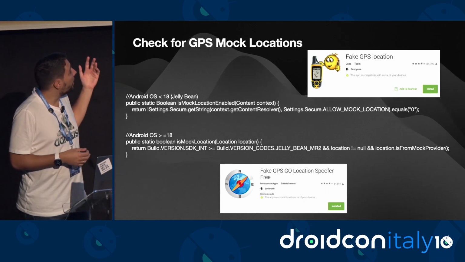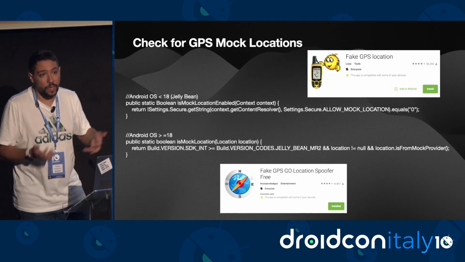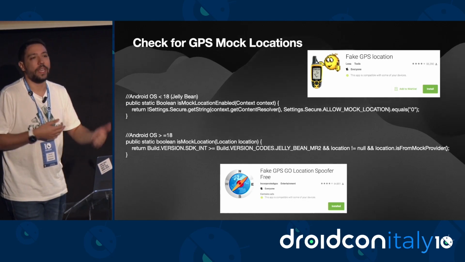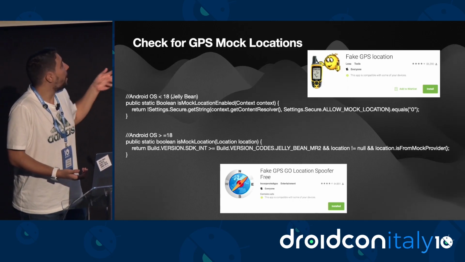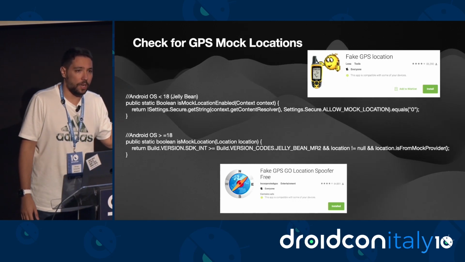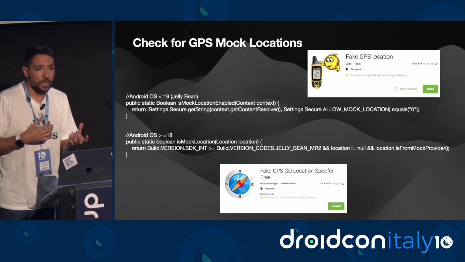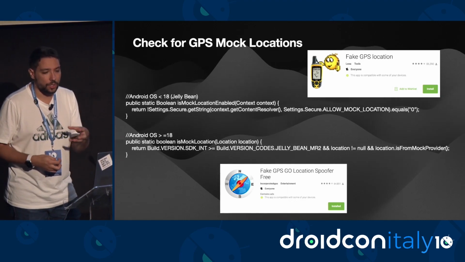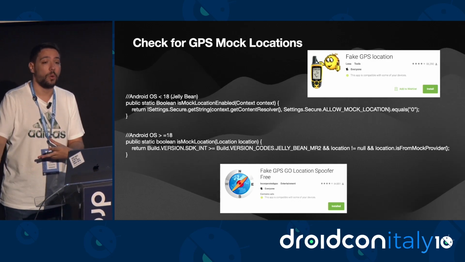It's super easy for an end user to mock that location, but it's also really easy for the developer to check if a location is being mocked. So there you find quite a lot of code samples on the internet, but the idea is that if you're dealing with location, please always check for mock locations before you just do anything with that.